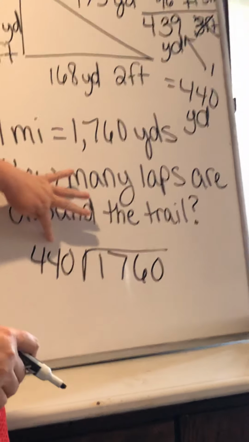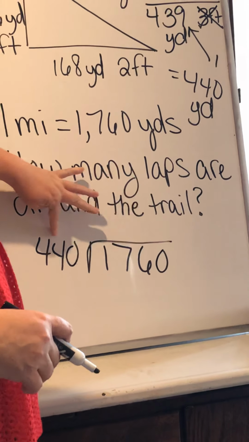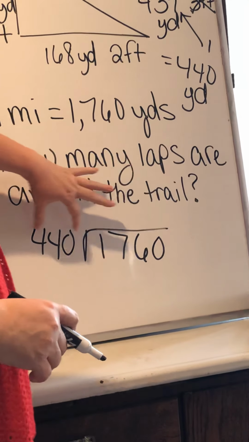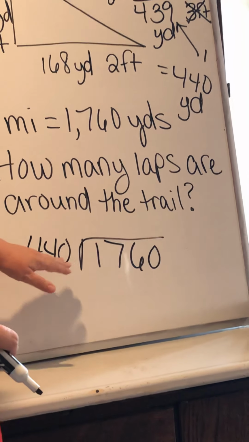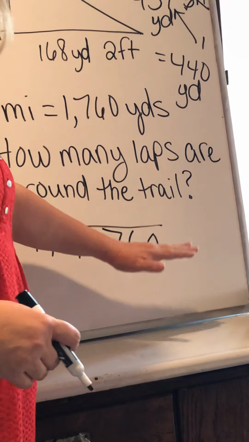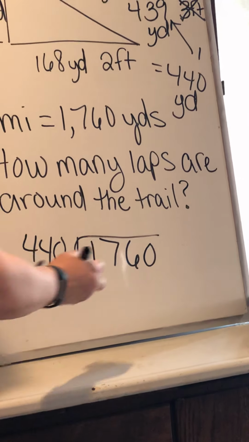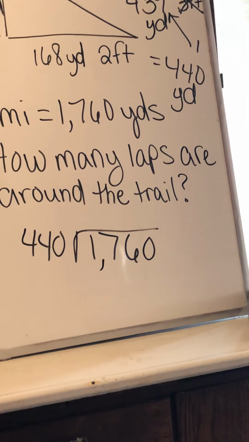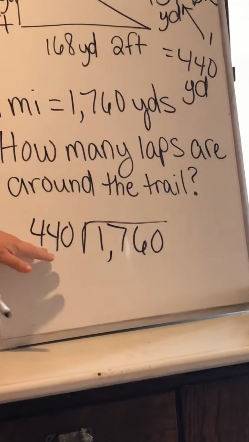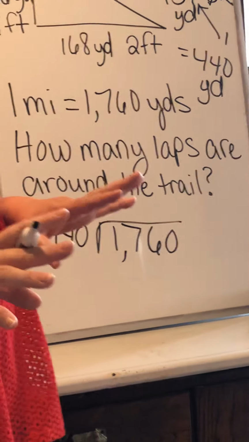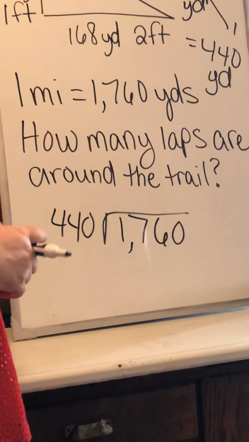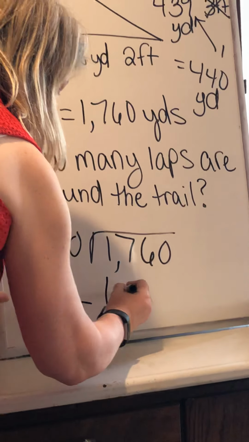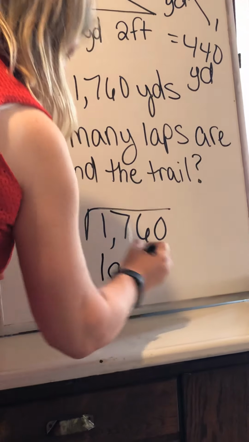Okay, well, 440 doesn't go into 1, 440 doesn't go into 17, 440 doesn't go into 176, so how many times does 440 go into 1,760? Well, you got to figure that out. You're going to take 440 times something, and it's going to equal 1760. So that would be however many laps you're going to find that out.